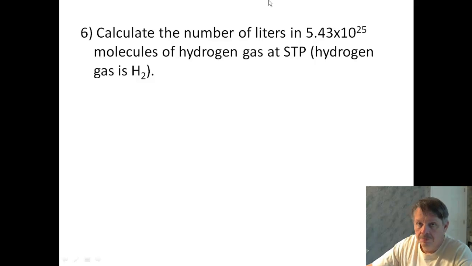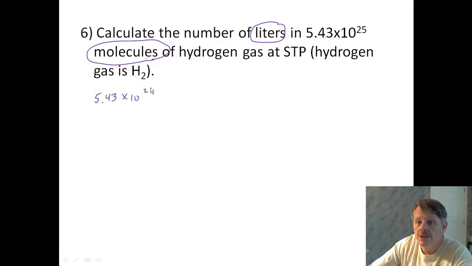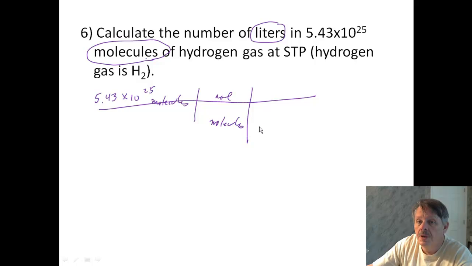Okay, here we have a question where we are calculating liters, and we're starting with molecules. So you'll notice we don't have to worry about grams here. We start with 5.43 times 10 to the 25th molecules, and what I'm doing is converting from molecules to moles, and then from moles to liters.